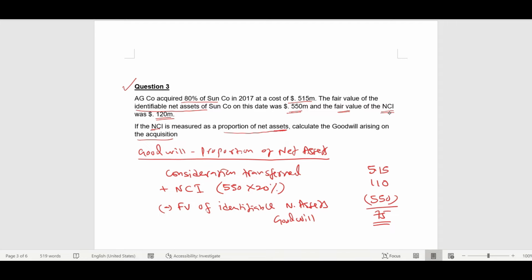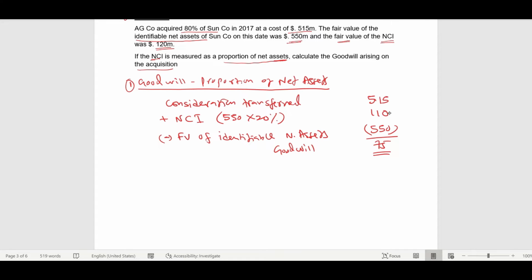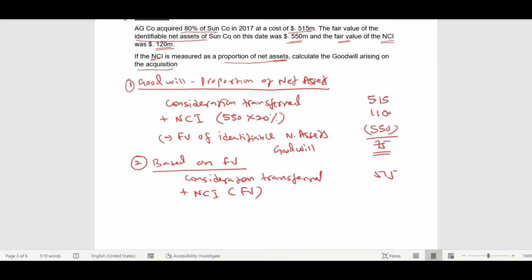So basically this is based on the net assets. Supposing you calculate based on the fair value, how will you calculate? You take the consideration transferred, there's no change, 515, then the NCI. So NCI should be the fair value.